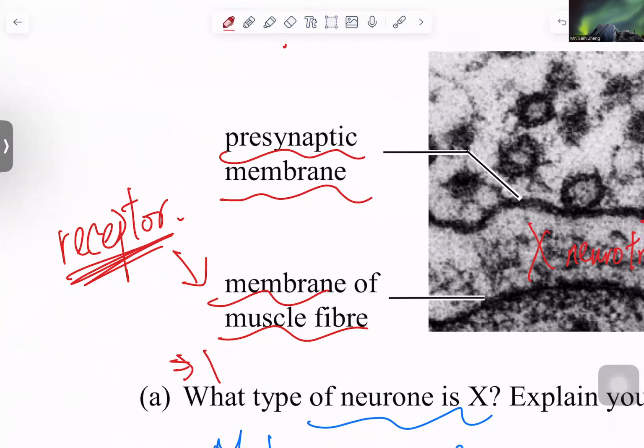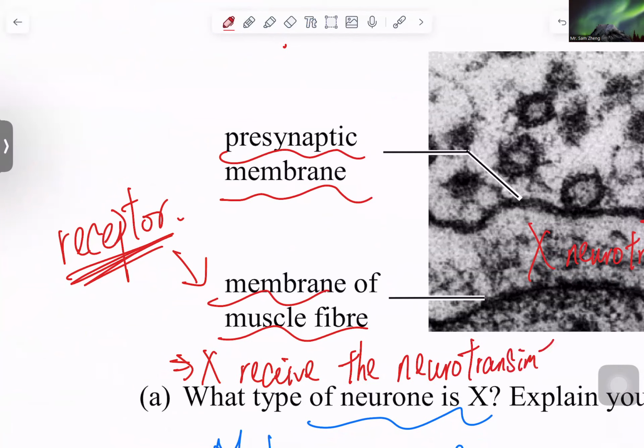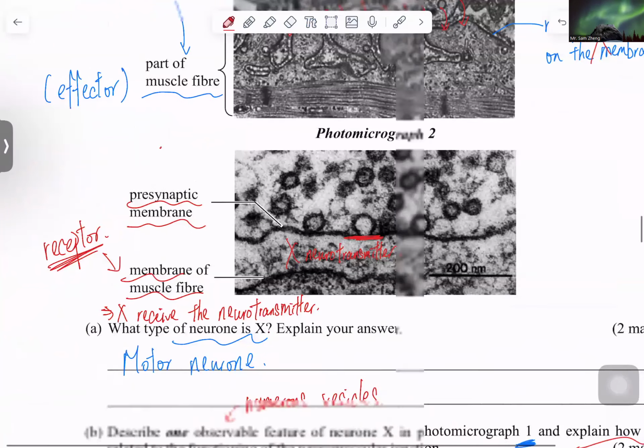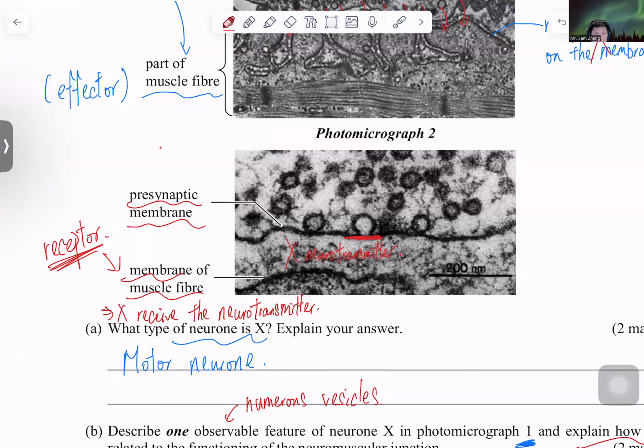Definitely, it cannot receive the neurotransmitter. As it cannot receive the neurotransmitter, then in this case, what happened? Then there would not be any nerve impulse.